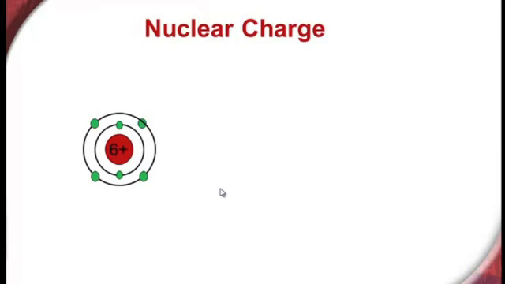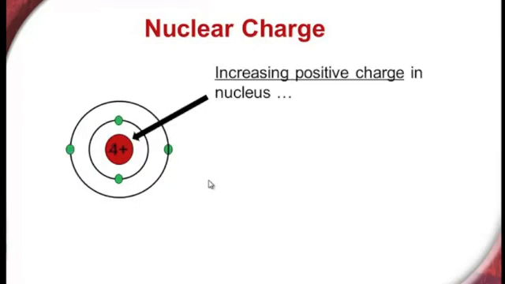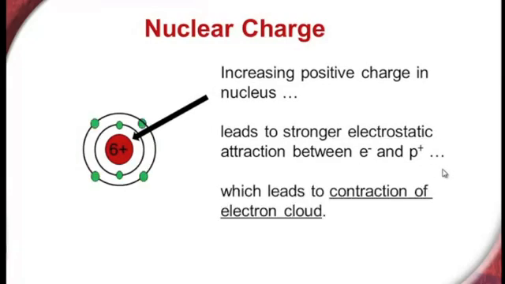You can see, hopefully it was pretty obvious, that the electron cloud is contracting as we increase the positive charge in the nucleus. To add a little text here, as we go from left to right, increasing positive charge in the nucleus leads to stronger electrostatic attraction between the electrons and the protons, and that leads to contraction of the electron cloud.